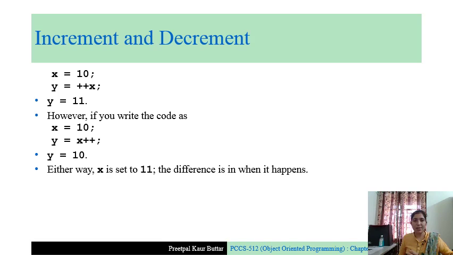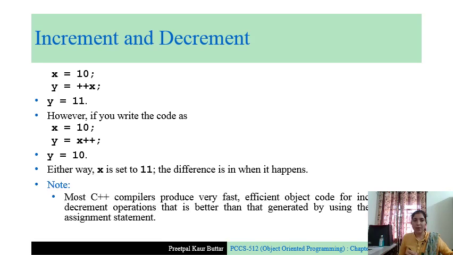In both these expressions, x is 11, x is incremented, but the difference lies in when it happens. When means whether x is incremented before using its value in the expression, or whether x's value is used in the expression and then x is incremented.